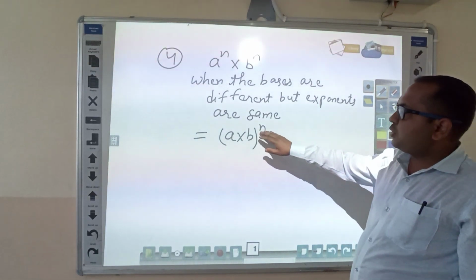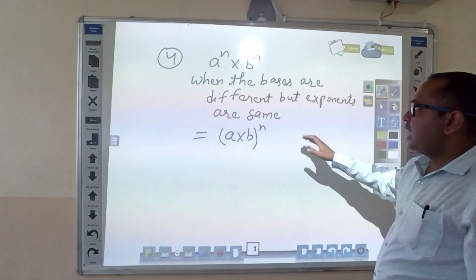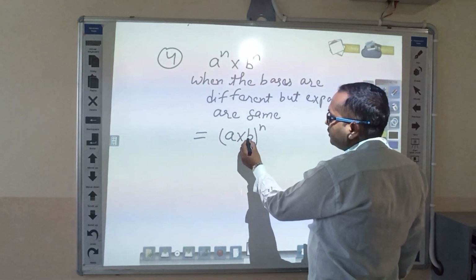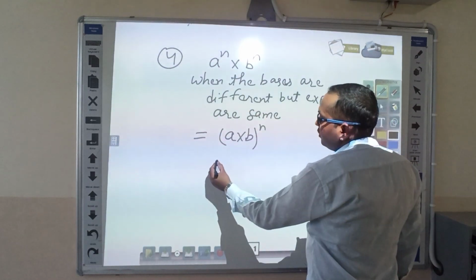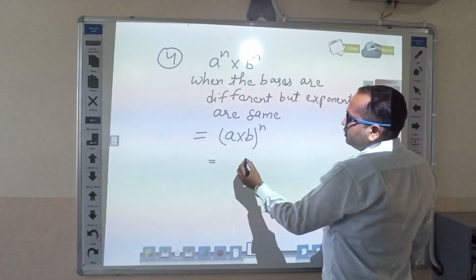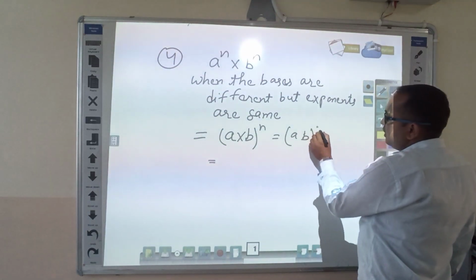Means we take exponent common to both the real numbers and do the operation which is given in the question. Here the operation is multiply, so we multiply these two numbers. So it is ab to the power n.